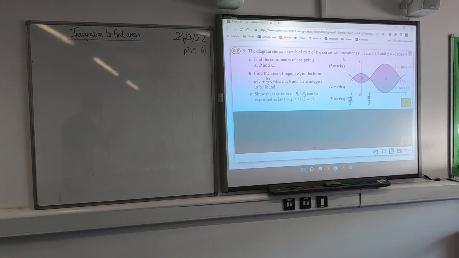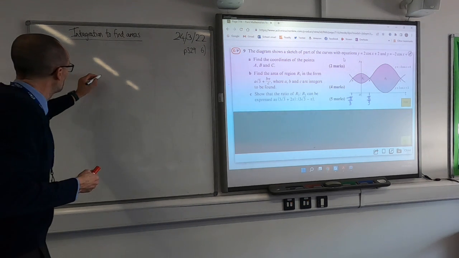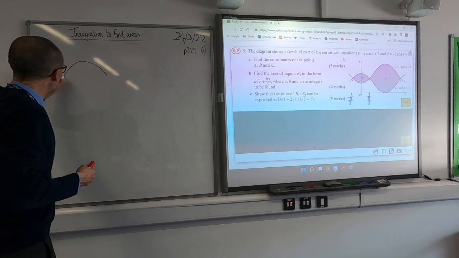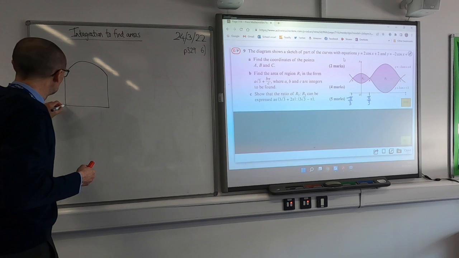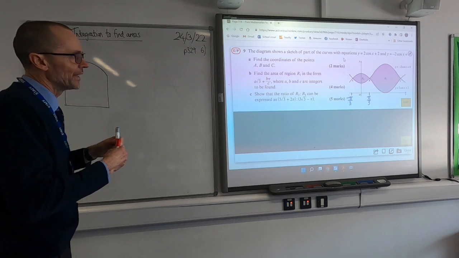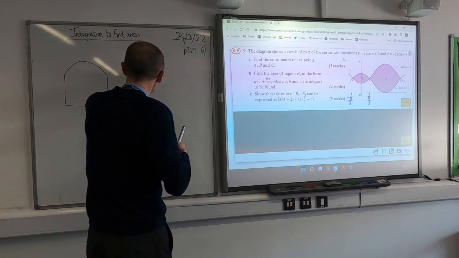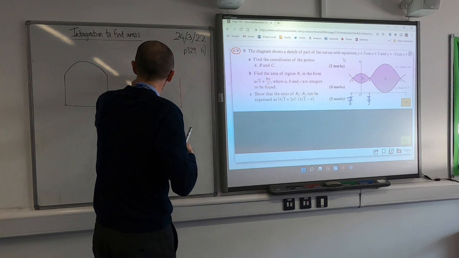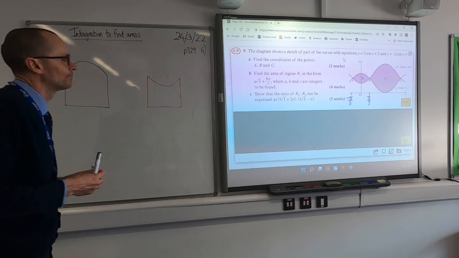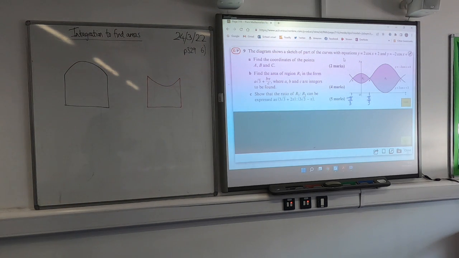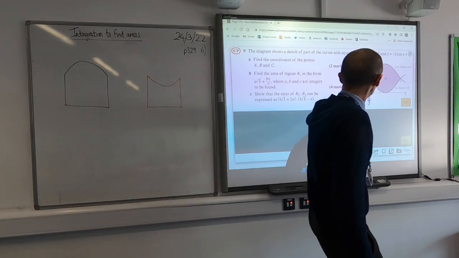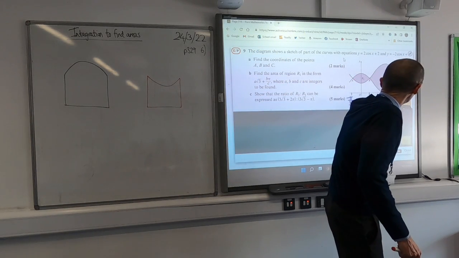And I'll tell you how I always would have done this. I always would have worked out the area under the big curve and then taken away the area under the lower curve. So I would have done it by the upper curve, that's that.